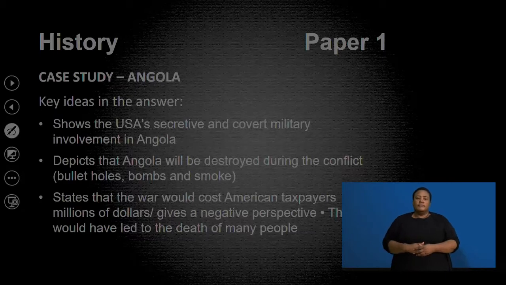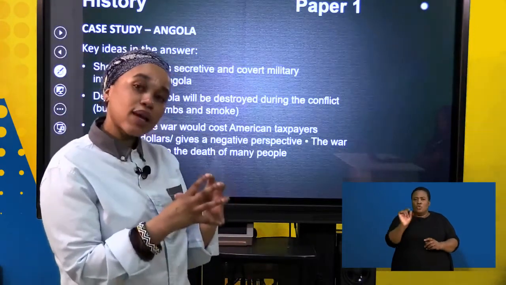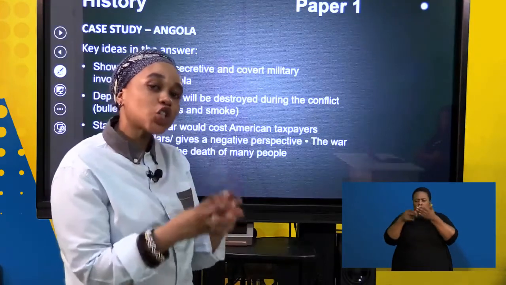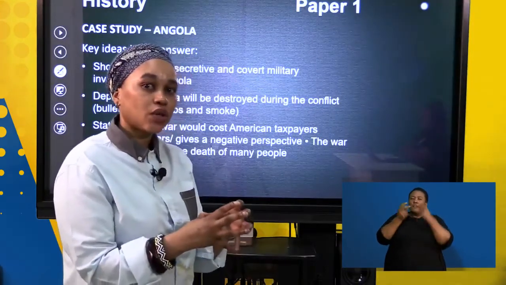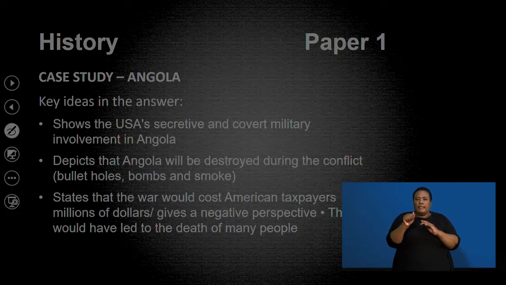Okay, so the key ideas in your answer there, remember I told you that the question was, you have to tell us what the message of the cartoon was, and you need to use visual clues from the cartoon. So the key answers that you can give there are, it shows the United States' secretive and covert military involvement in Angola.